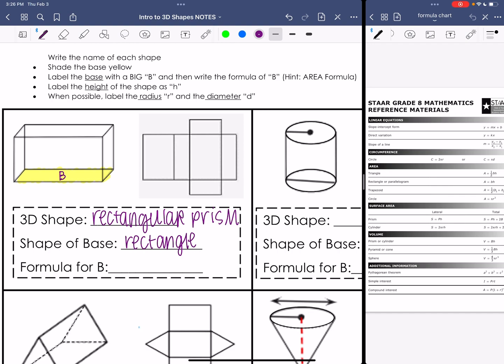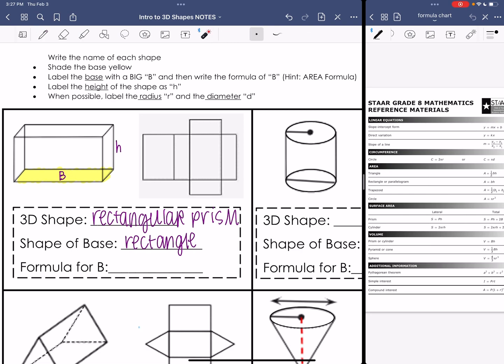Now, we also want to label the height of the shape. So the height is going to be the distance from base to base. So here I have this base on the bottom, and parallel to it, I'm going to have this base on top as well. So the height of my prism is going to be here. That's going to be H. And then we do not have a radius or a diameter.